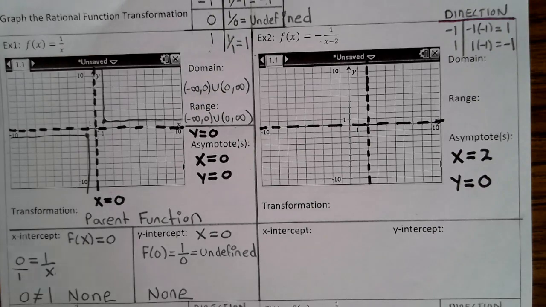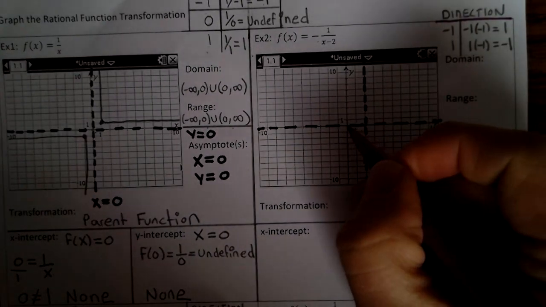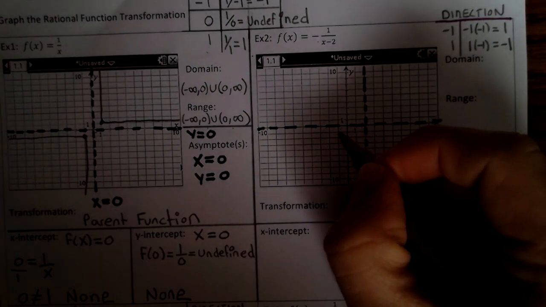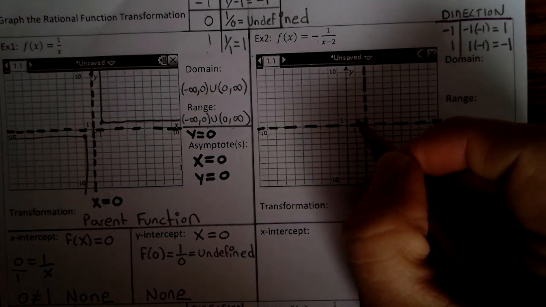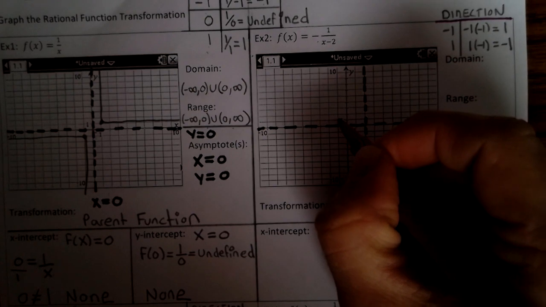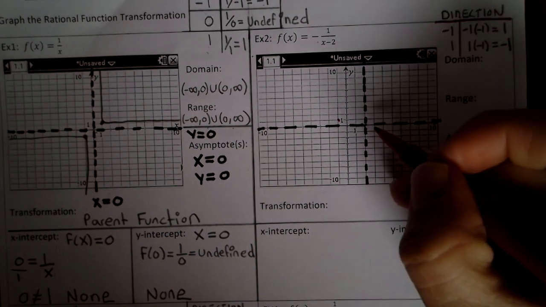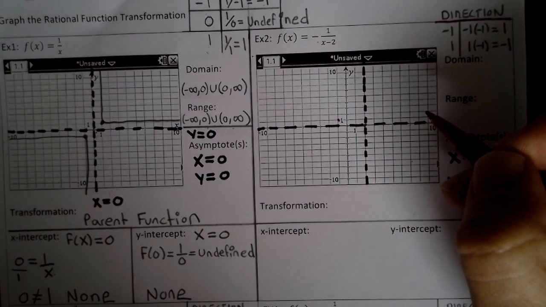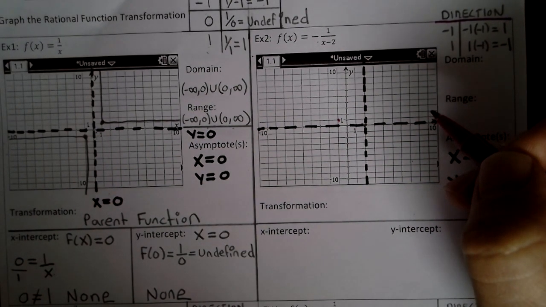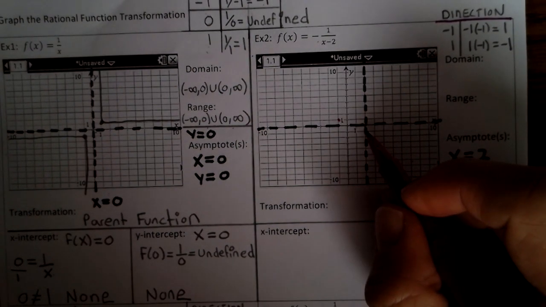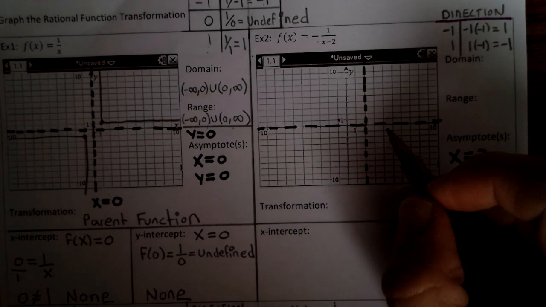So we go -1, 1, and 1, so I almost made a mistake.